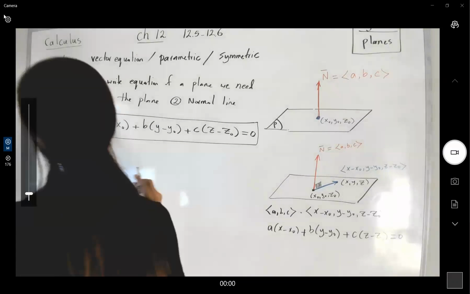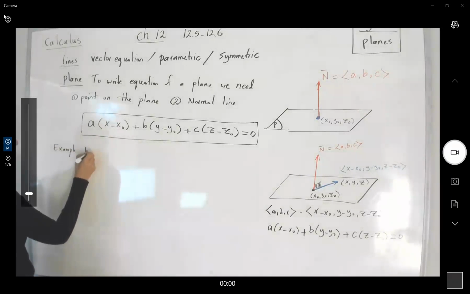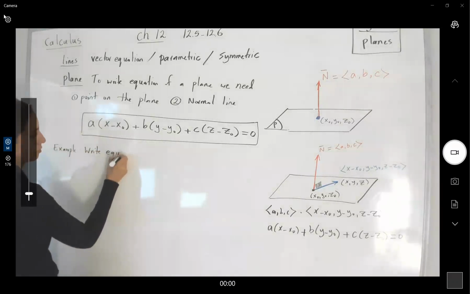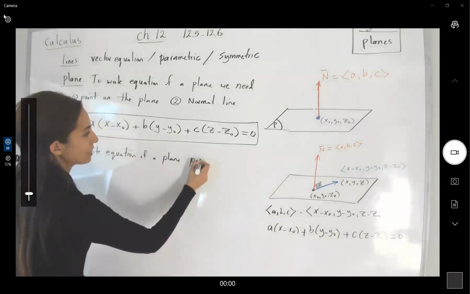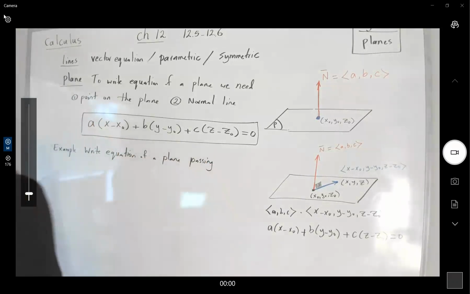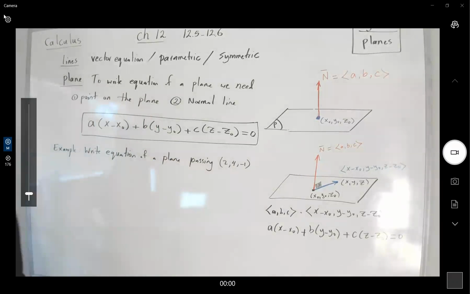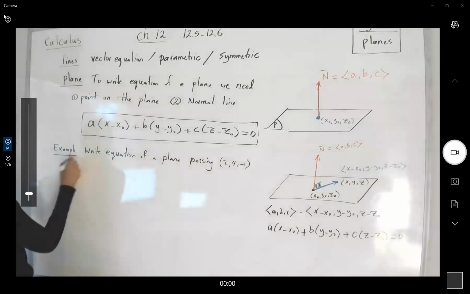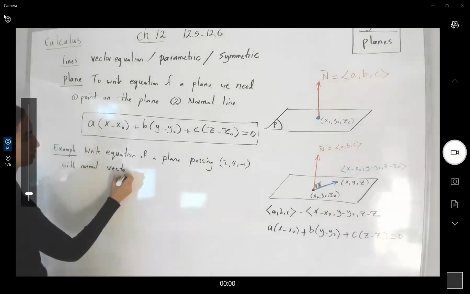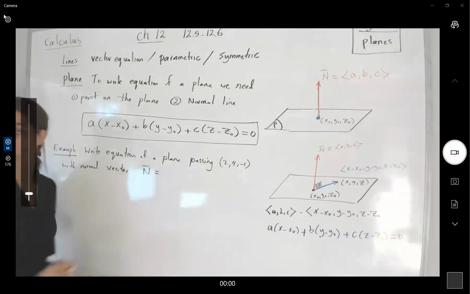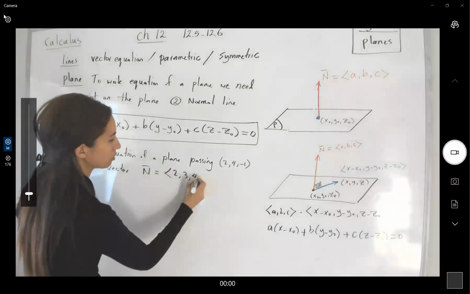The example says, write the equation of a plane passing through this point 2, 4, -1 with normal vector n equals 2, 3, 4.